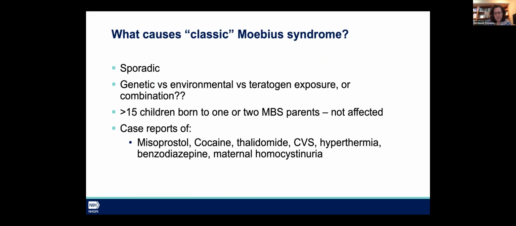So it is primarily sporadic. It's questionable if it is genetic or environmental or teratogen exposure. We have a lot of children that were born to one or two Moebius parents, but the children are not affected.